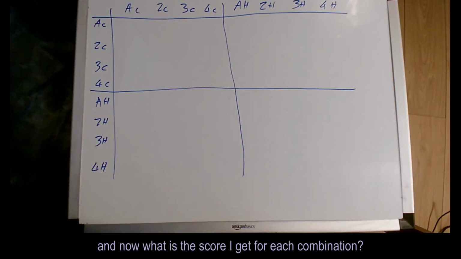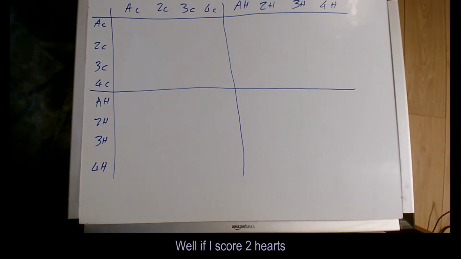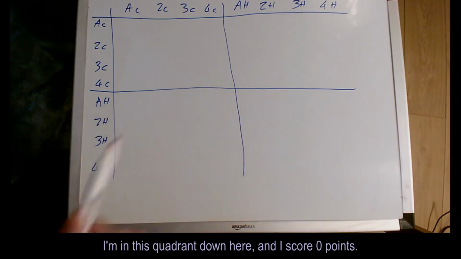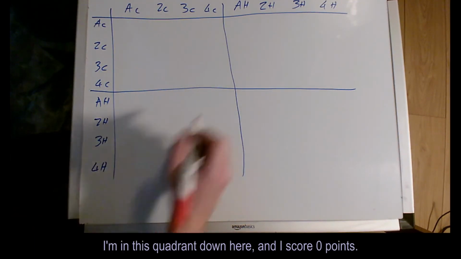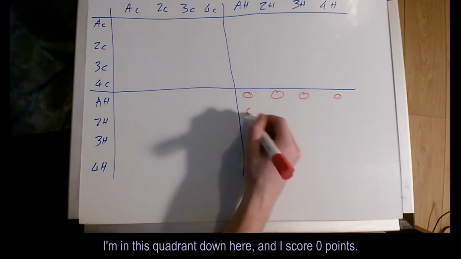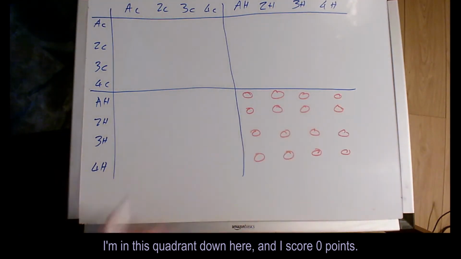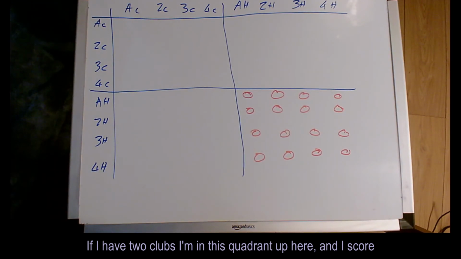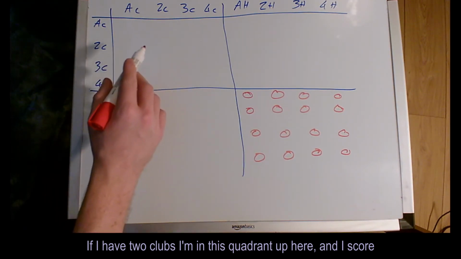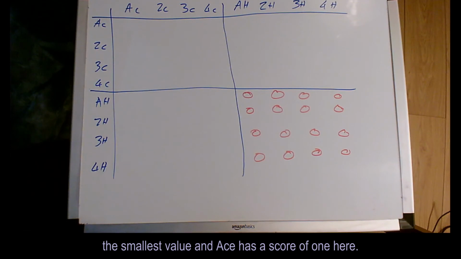And now, what is the score I get for each combination? Well, if I score 2 hearts, I'm in this quadrant down here, and I score 0 points. If I have 2 clubs, I'm in this quadrant up here, and I score the smallest value.